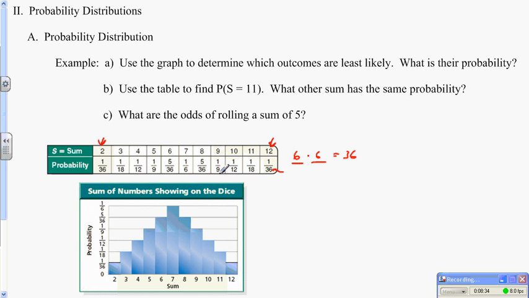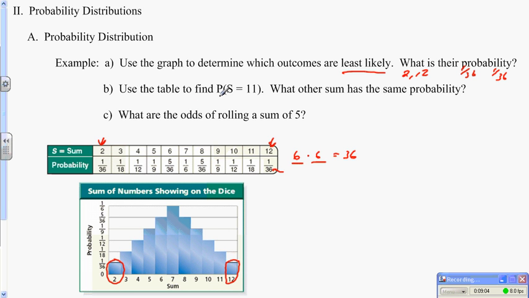Use this graph to determine which outcomes are least likely. Well, the distribution shows that 2 is very unusual, and so is 12, because there is only a couple ways to get those numbers. The 1 and the 1, and the 6 and the 6. So the sum of 2 and 12, and their probability is 1 out of 36.